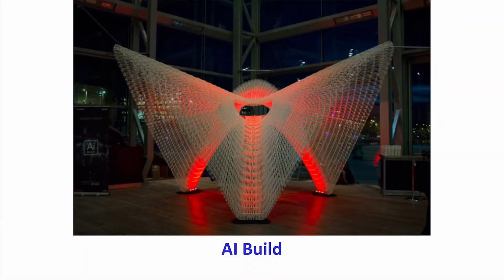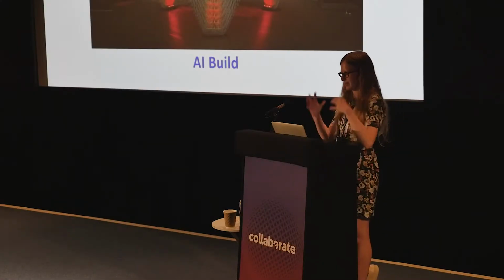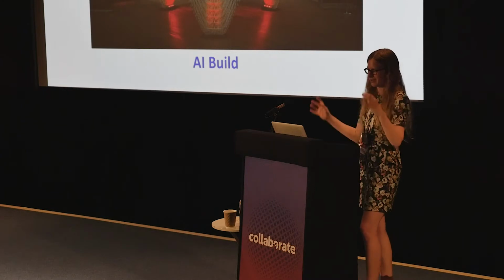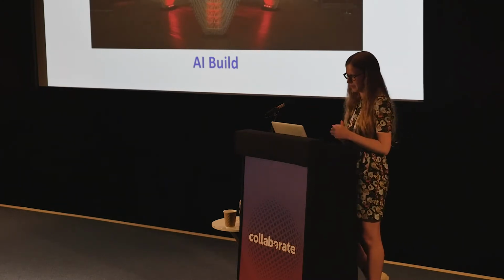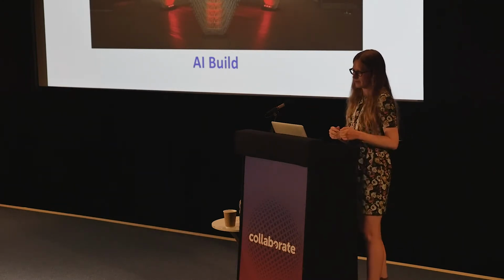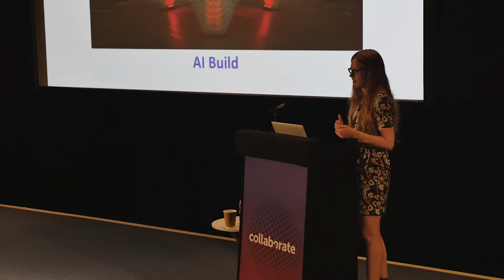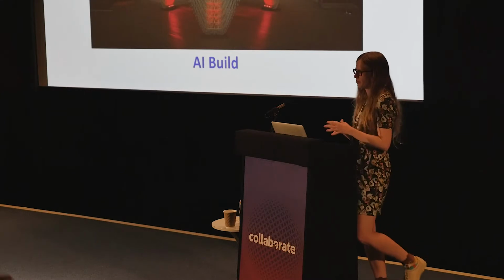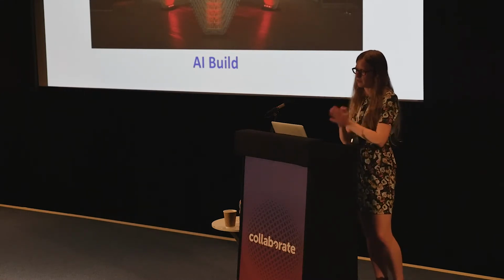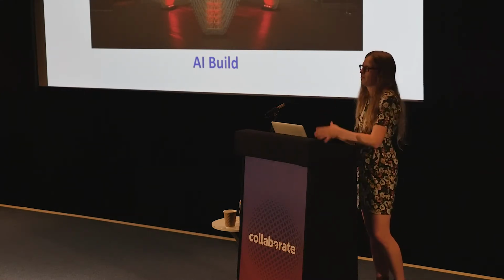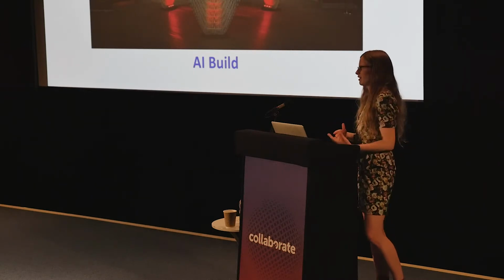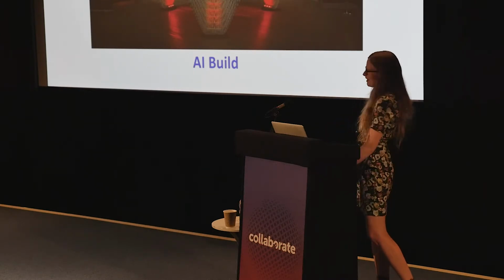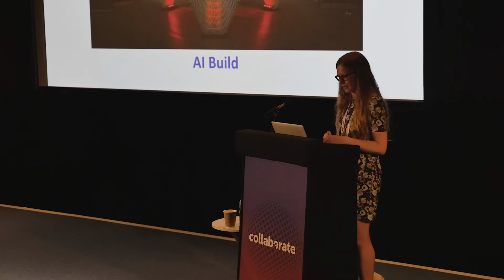And these robots 3D print the designs that were sent by the human. And I think this year Daghan Cam and his AI Build company were also involved with a project for the Venice Biennale, for the Creation Pavilion. So it does show that it is trendy.